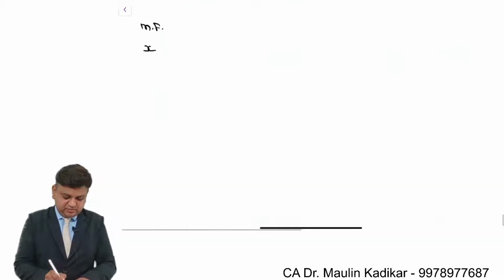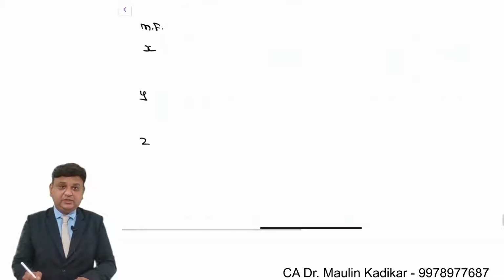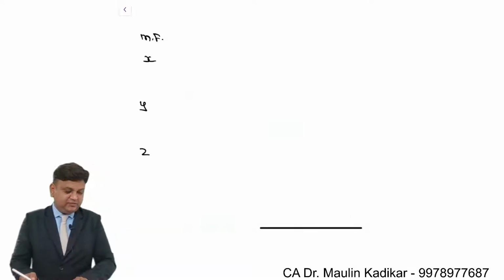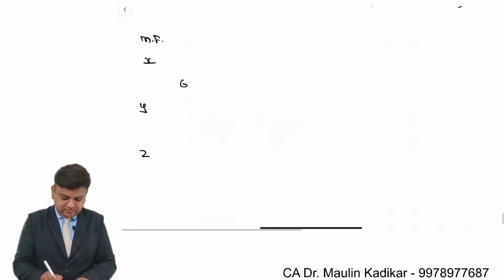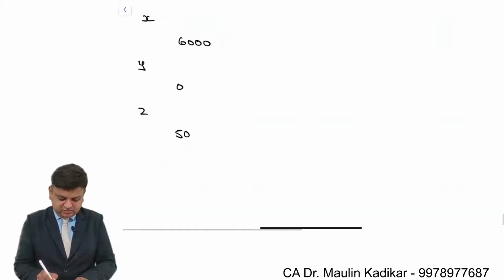Mutual fund X, mutual fund Y, and mutual fund Z. The amount of the dividend income is 6,000, 0, and 5,000.